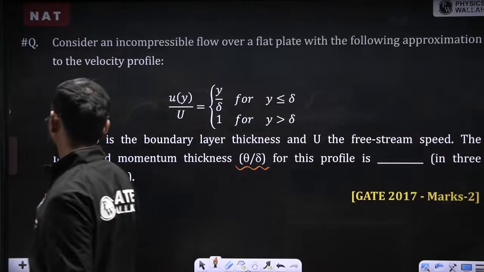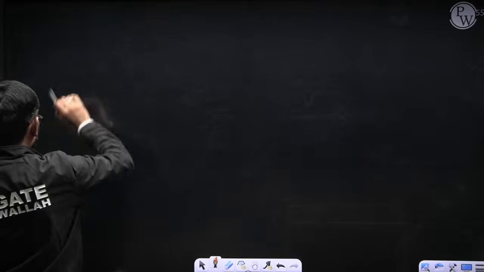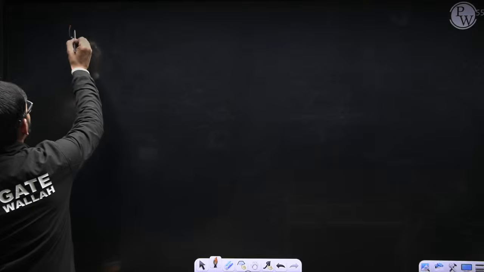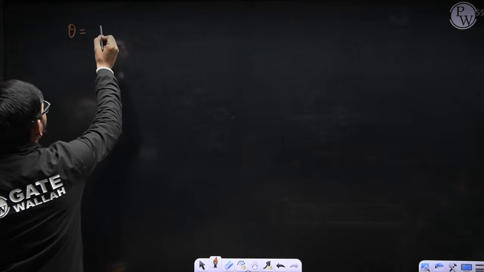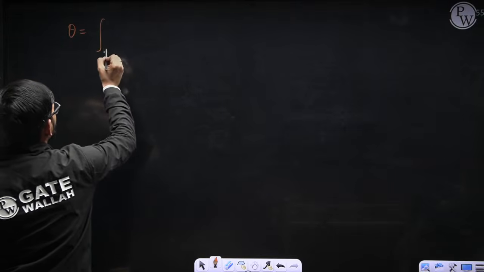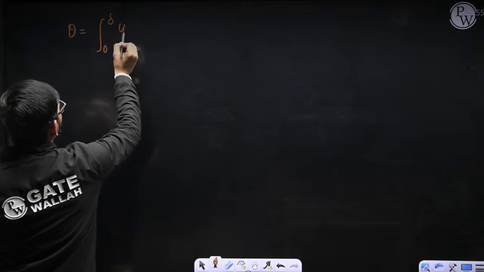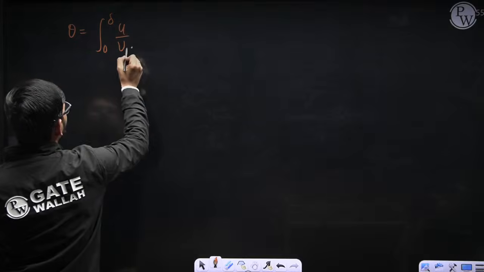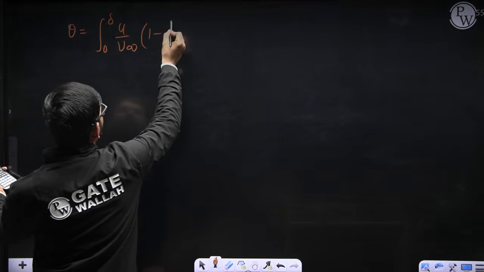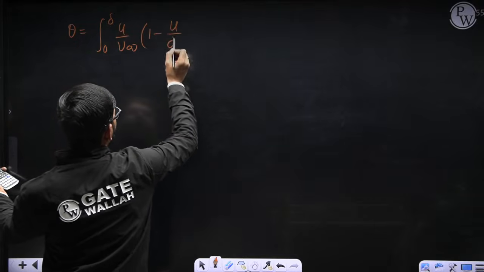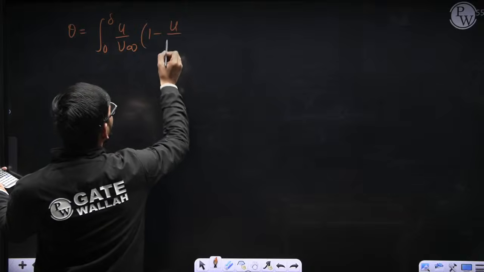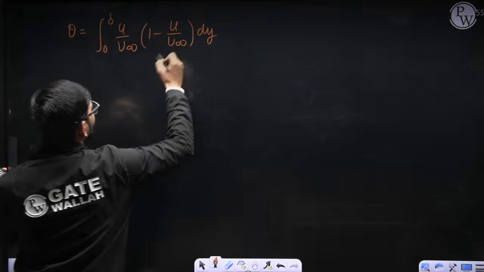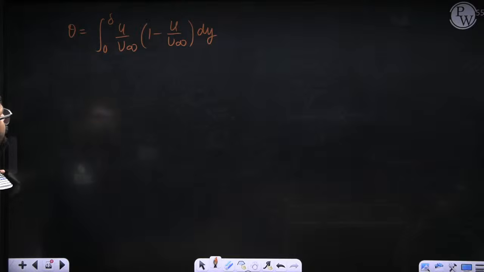Okay, so here what we have to find out is the momentum thickness theta. So theta is equal to the integral from 0 to delta of u by u infinity into 1 minus u by u infinity dy, right?